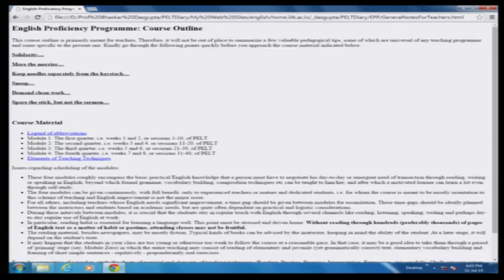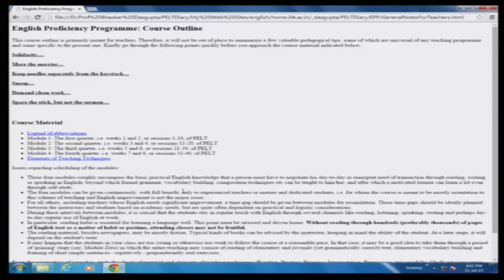And during those gaps, what do the students do? They need a lot of practice. And the best way to get a lot of practice in English is to read books. Therefore, you must inculcate among your students a healthy reading habit.